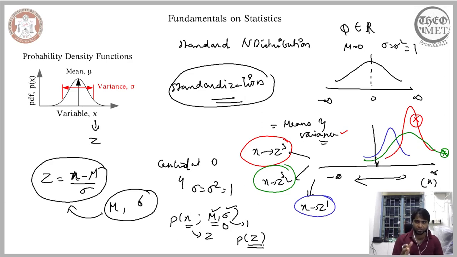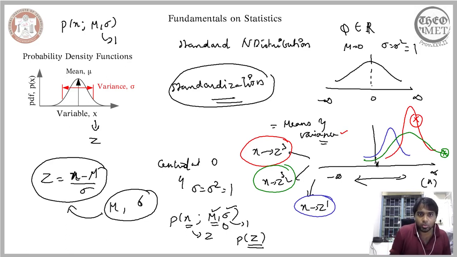We have seen a PDF for the normal distribution curve that depends on mu and sigma, where mu is the mean and sigma is the standard deviation. It is possible for us to standardize this expression into one wherein mu is 0 and sigma is 1.